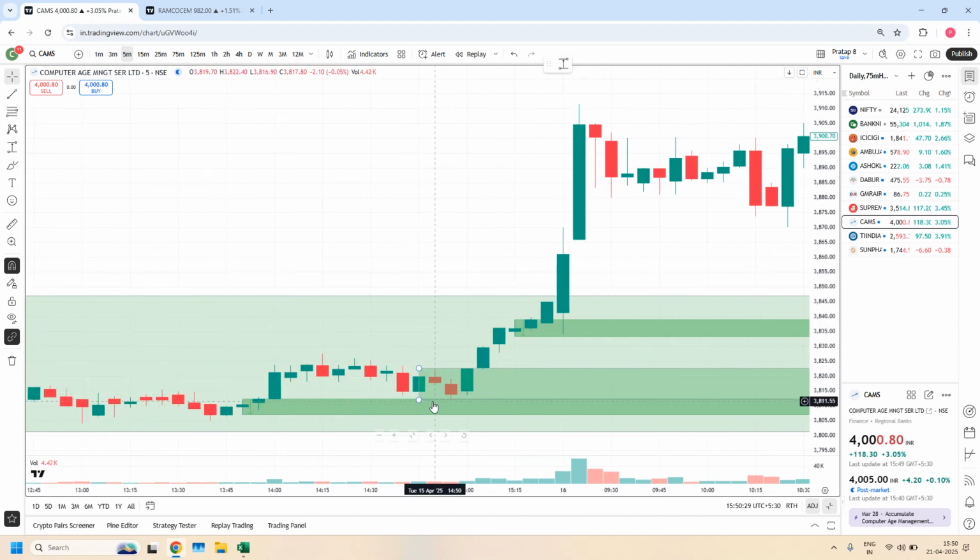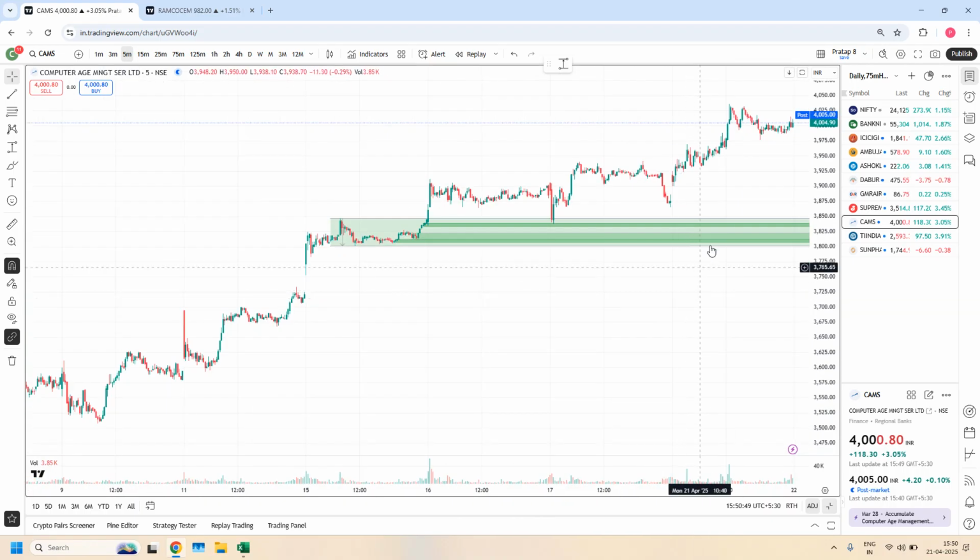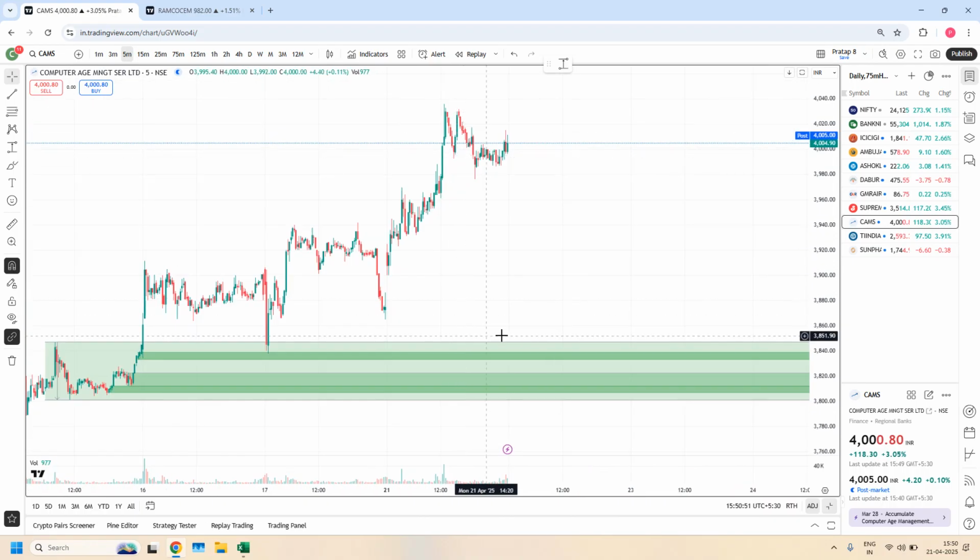But earlier it picked up the orders and moved up. But if you want to plan a trade in this horizon, first this high liquidity zone should be violated, and then only will prices reach this horizon. But before that, until it violates, we can enjoy the profits as long as it is giving the trades. But one day it will be violated. That day you get the stop loss hit.